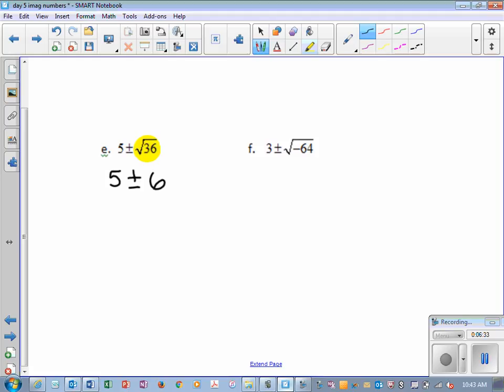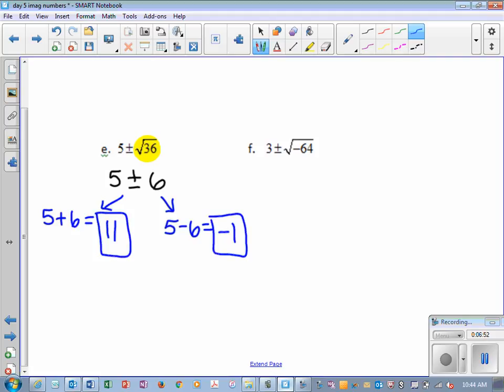So you know what you can do? What you should do? Just 5 plus 6 and 5 minus 6. Give me the two numbers. 11 and negative 1. Good. See that? If you can combine them, you must.